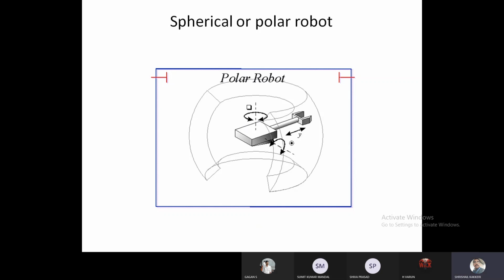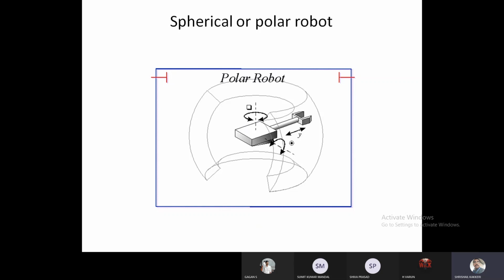And where we can use them, application-wise: since two joints are rotational, we can use them flexibly for assembly operations and very good welding operations, along with what the previous robots were able to do.